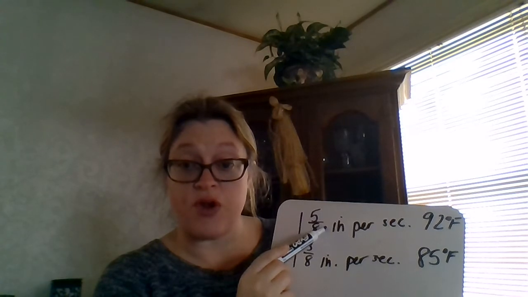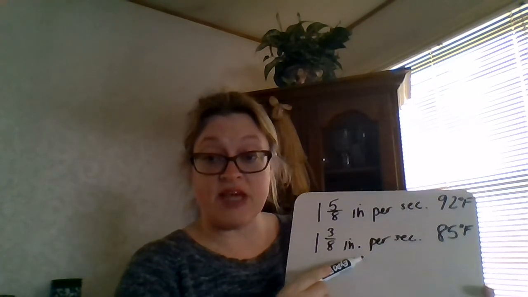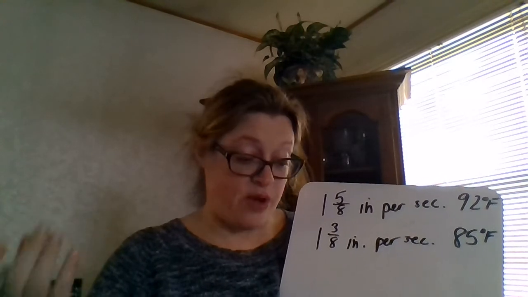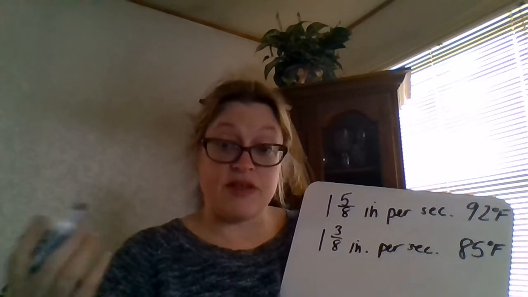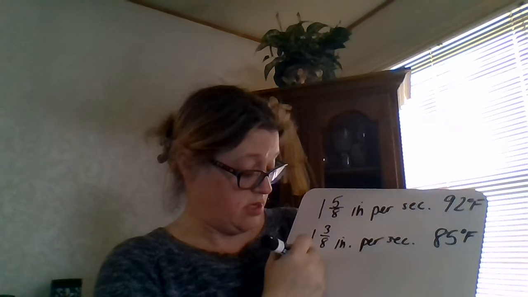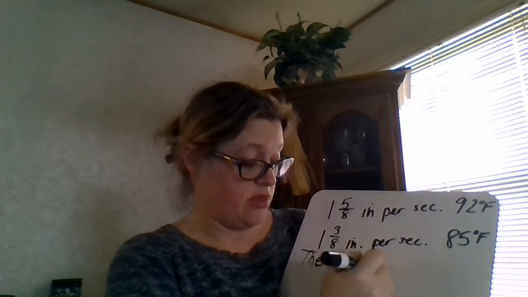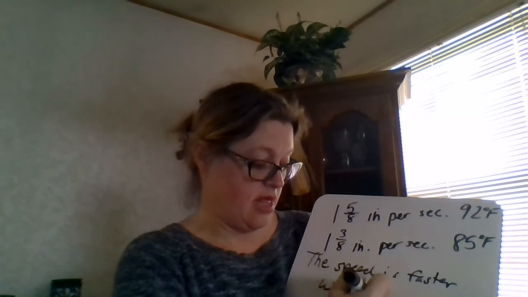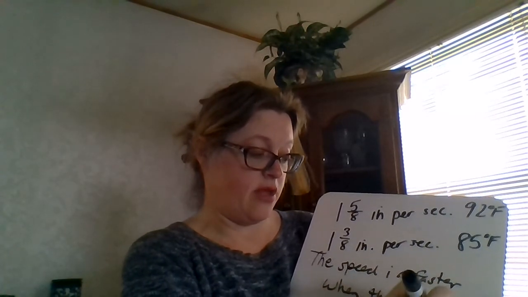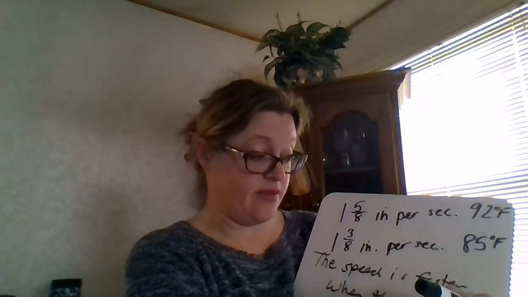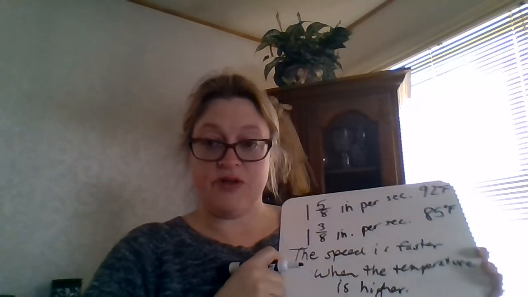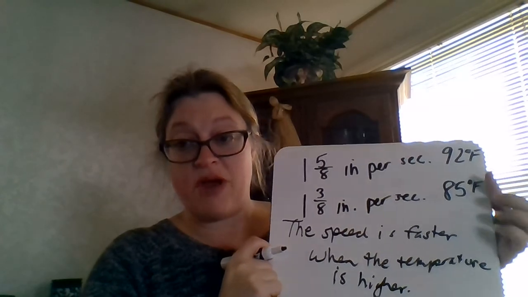He went further when it was 92 degrees than when it was 85 degrees. Okay. So by looking at that, we can say that the speed is faster when the temperature is higher, because we know that he went further.